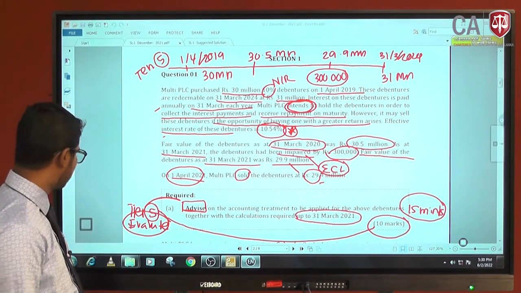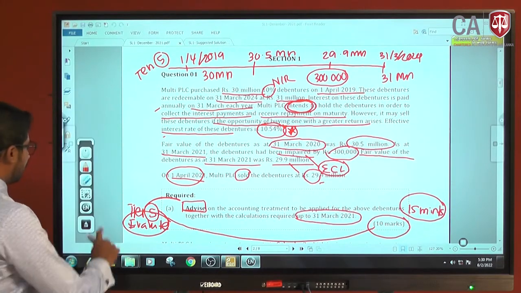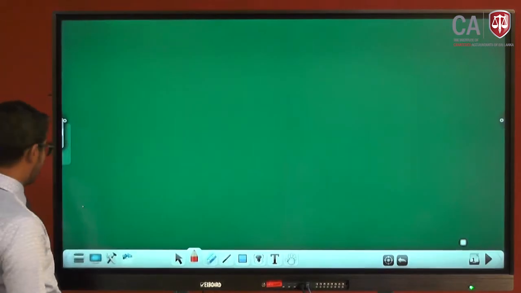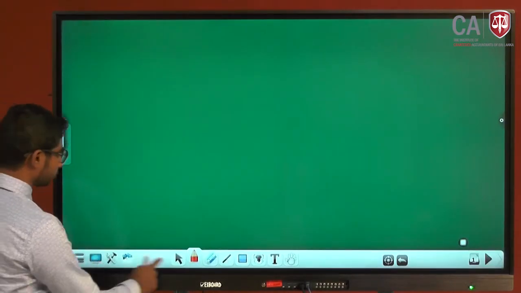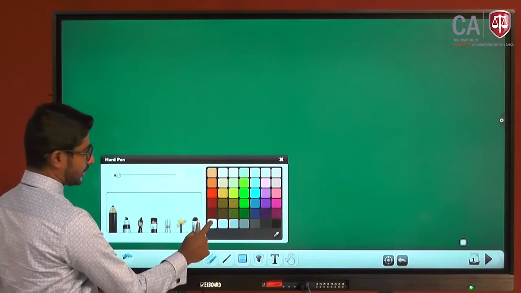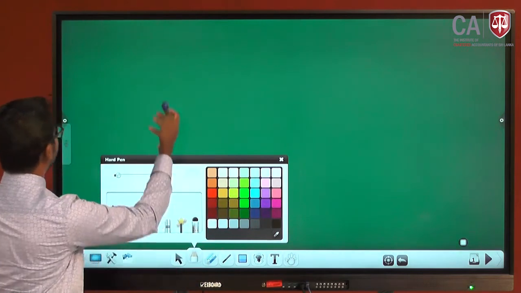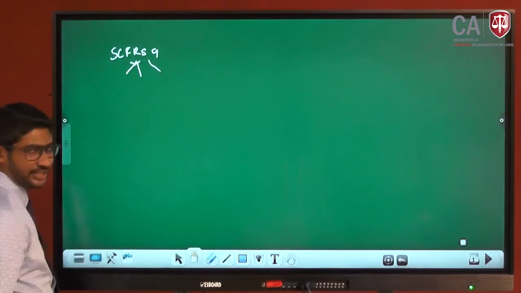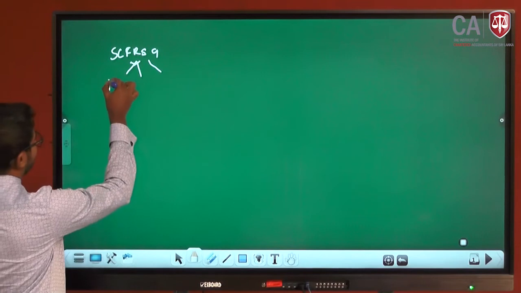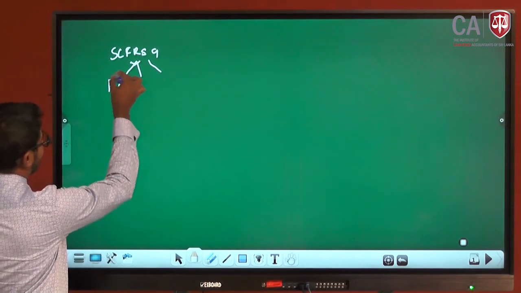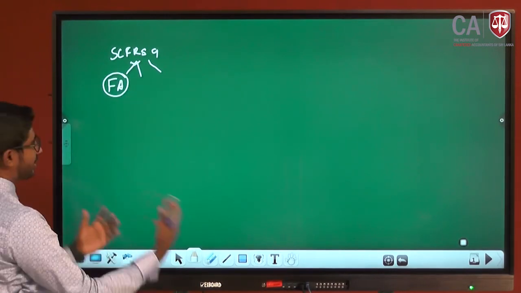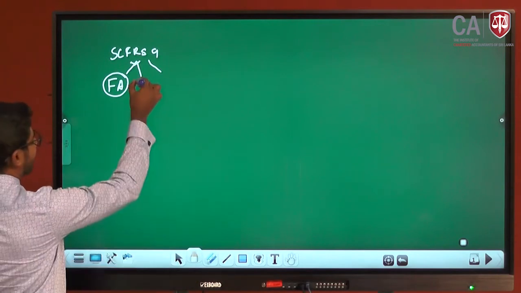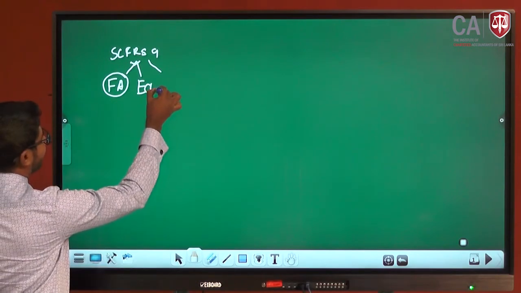Right, student. Now we will refresh our understanding of SLFRS 9. SLFRS 9 basically has 3 main parts. The first part is all about financial assets, financial liabilities, classification, measurement and all those things. The other part is expected credit losses.